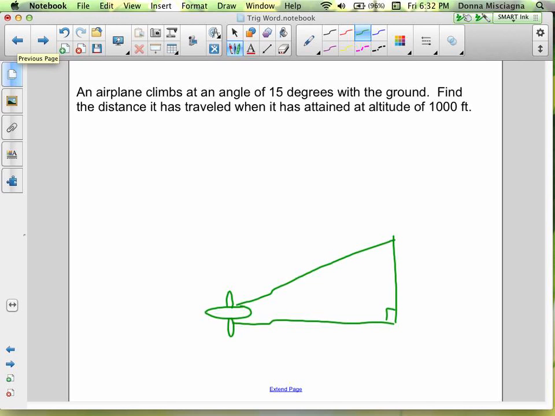So when we measure the distance that an airplane has traveled, it is not along the ground, it is in the air. The crew needs to know how far the plane's traveling so they know how much fuel it's going to need, or when it needs to fuel up again. So when we're measuring the distance for the airplane, it's in the air, and this is very similar to a homework problem. I'll put that little note in there.